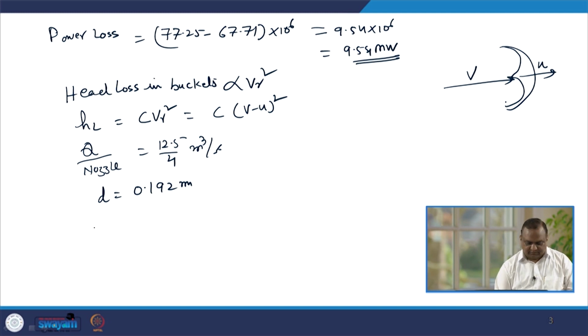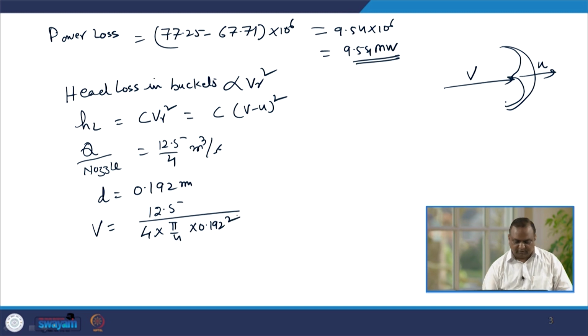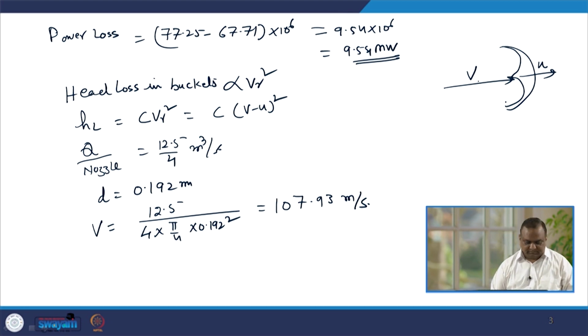So, the velocity can be calculated as 12.5 by 4 divided by pi by 4 into 0.192 whole square, and this velocity is 107.93 meters per second. This is velocity at inlet.